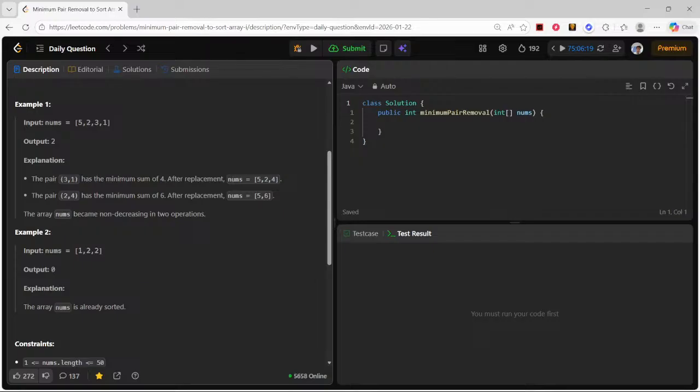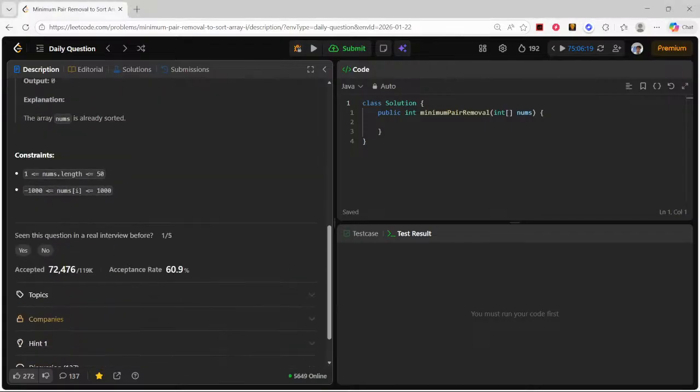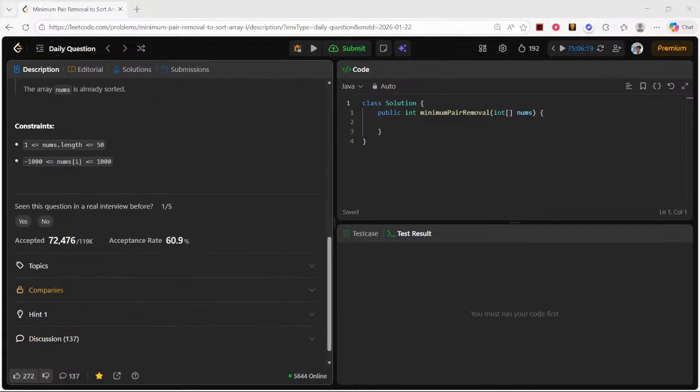After replacement, nums becomes 5 2 4, and the pair 2, 4 has the minimum sum of 6. After replacement, it becomes 5 6. Then the constraints on nums.